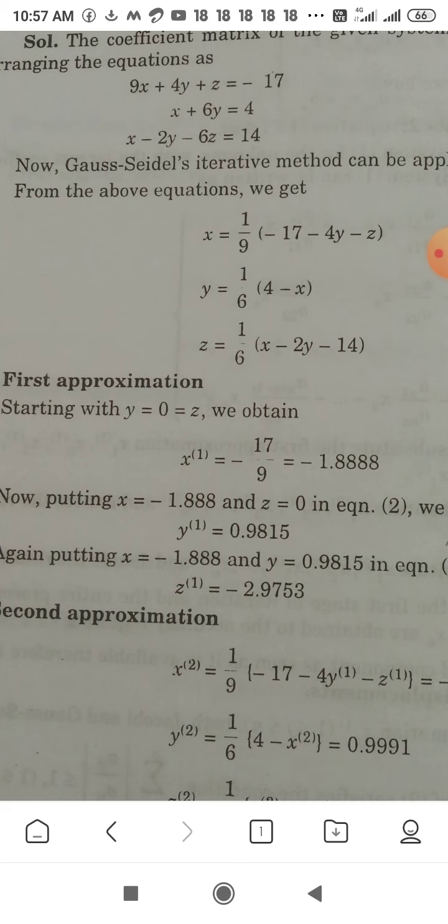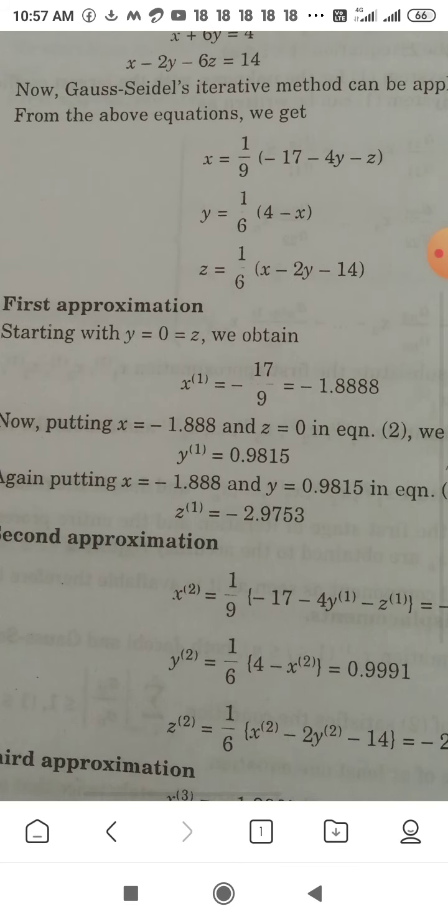Taking this value of x and the value of z as 0 and putting them in the second equation, the first iteration of y1 is 0.9815.